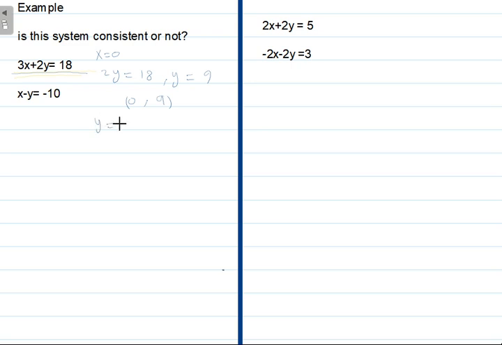If y equals 0, then 3x will equal 18, and then x will be 18 divided by 3 equals 6. So I have a point here which is (6, 0).